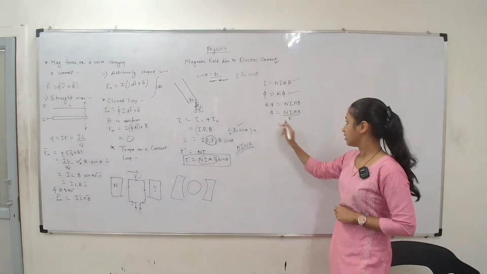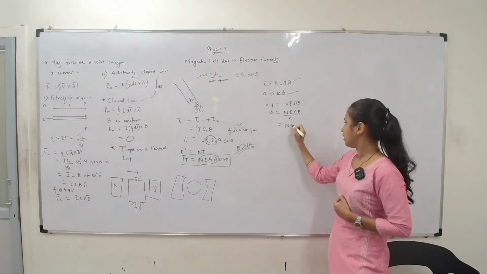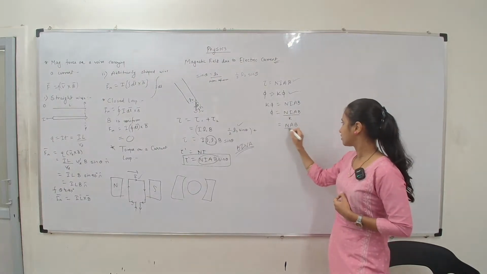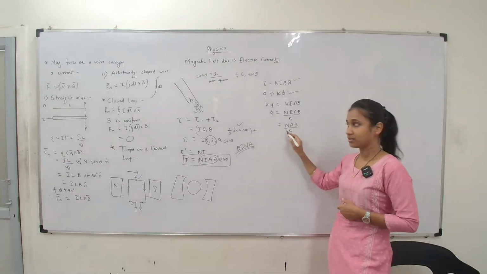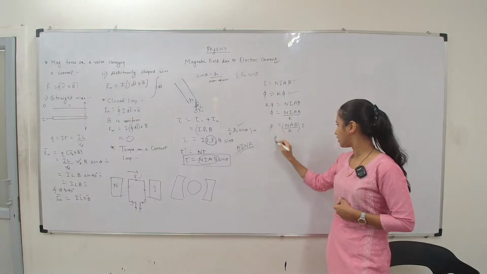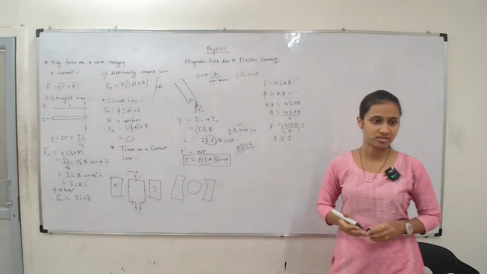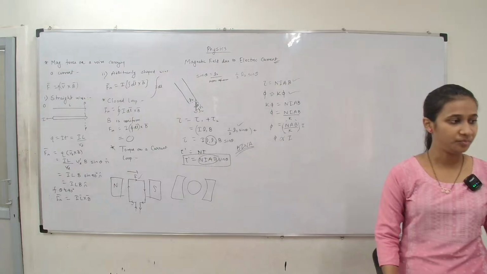It will not change. Means the deflection will not change with the number of turns. It will be constant. Area is constant, field is constant. This is the constant. This is changing. So hence deflection is directly proportional to the current where all of these quantities are constant, N A B upon K.